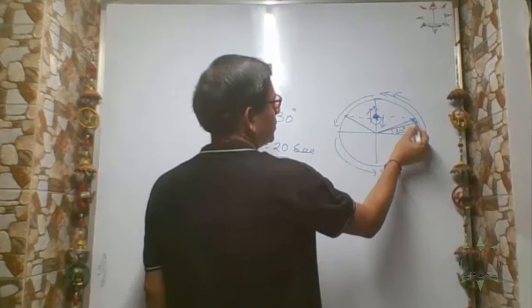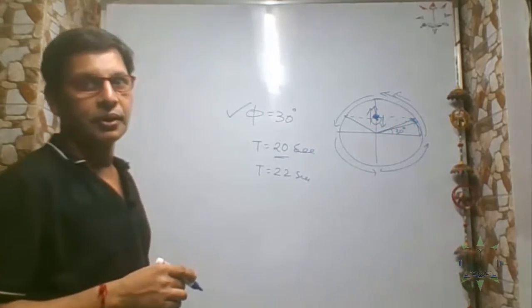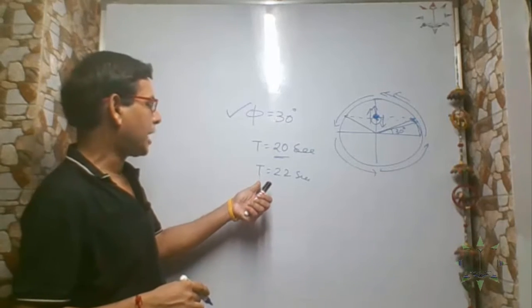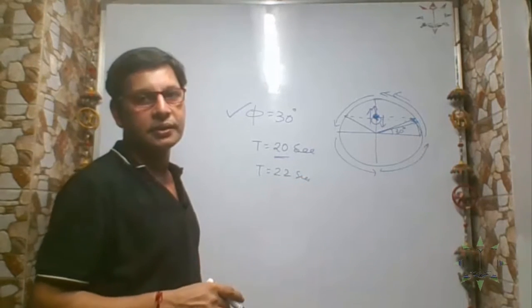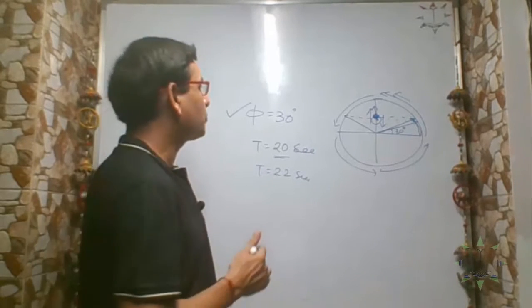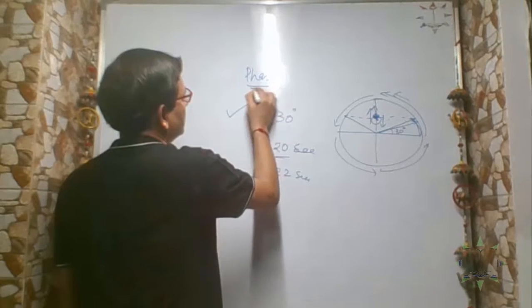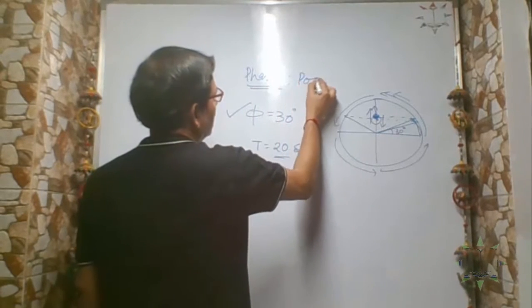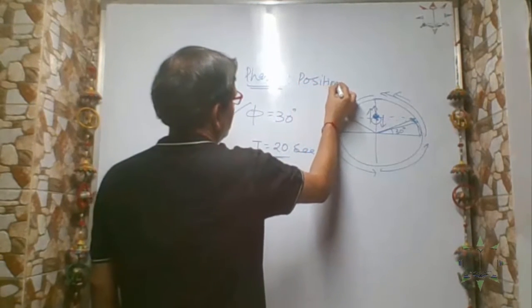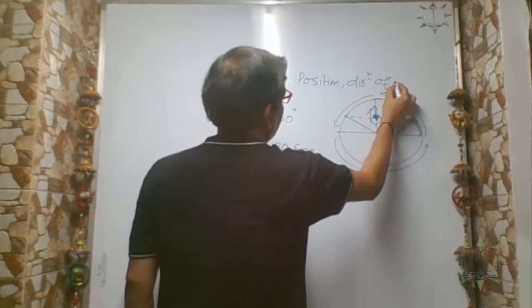In 2 seconds it goes here. So if I get the time, then also I can say what is the position and what is the condition of vibration. So the phase of a particle in simple harmonic motion means position and condition of vibration, that is, direction of vibration, direction of motion.